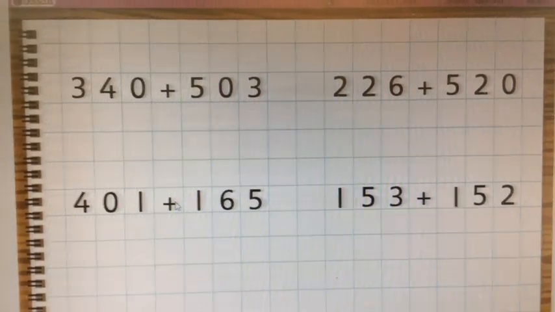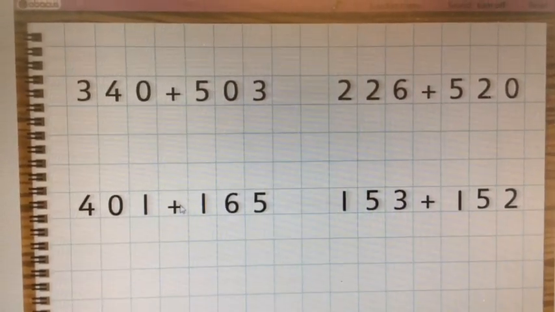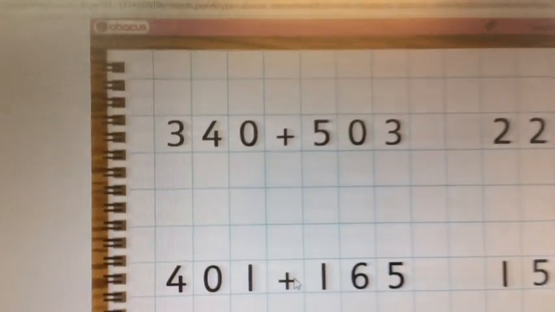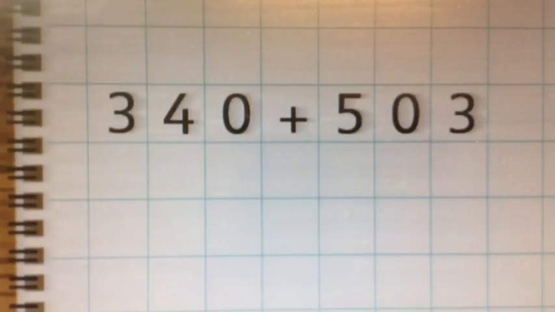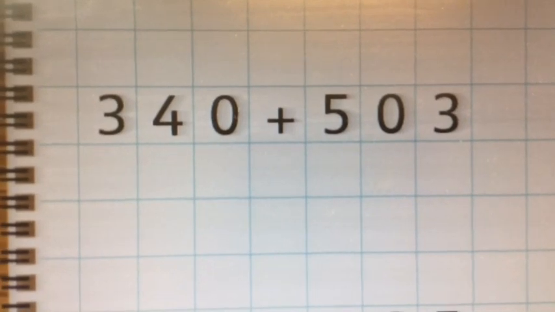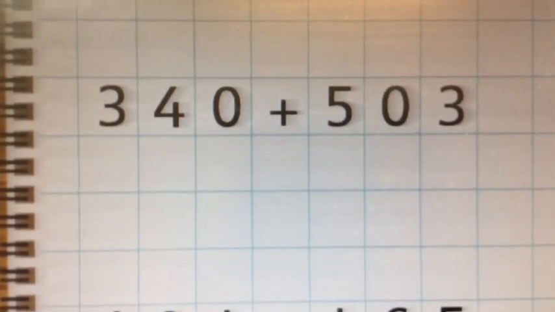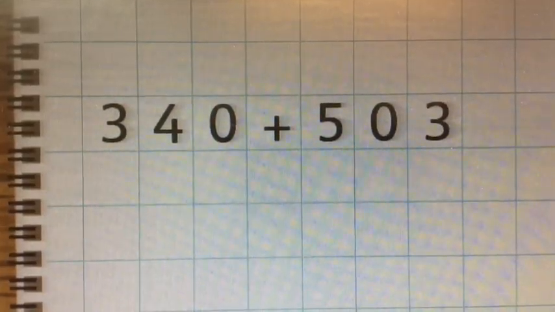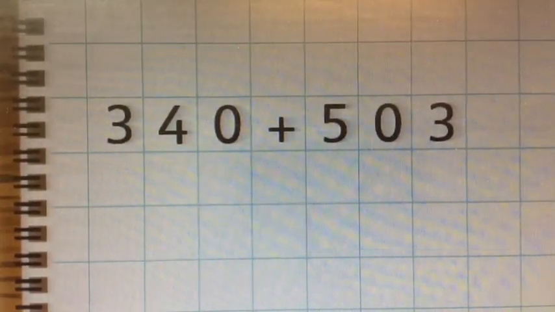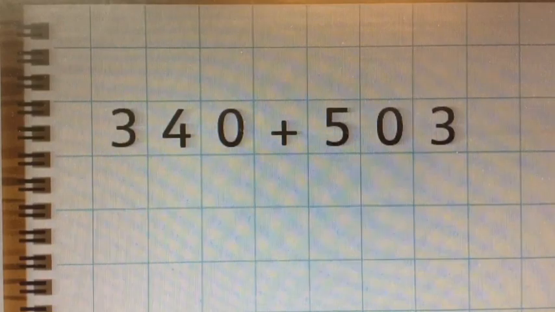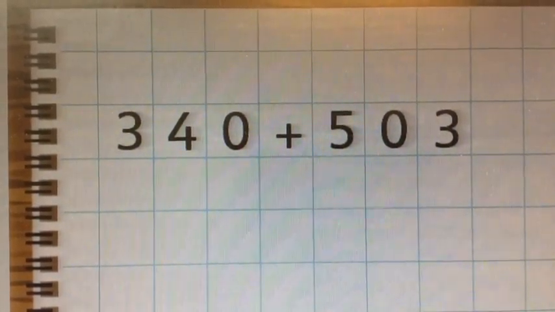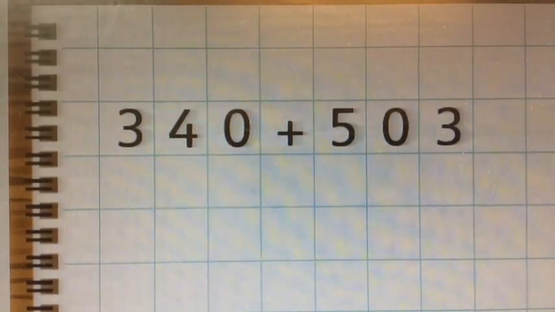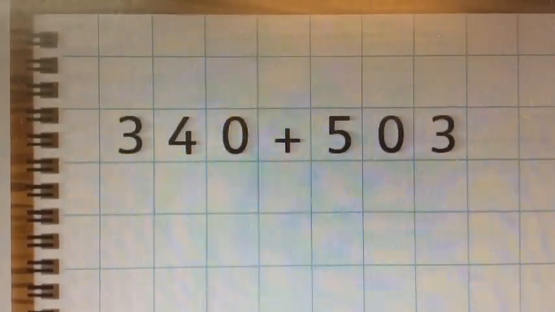These 4 sums are pretty easy to do, and we can probably do them mentally in our heads. How would you do this in your head? There are lots of different ways. Have a little think. I might have just done 340, add the 500 is 840, but then you've got the 3 to add on, so it's 843.